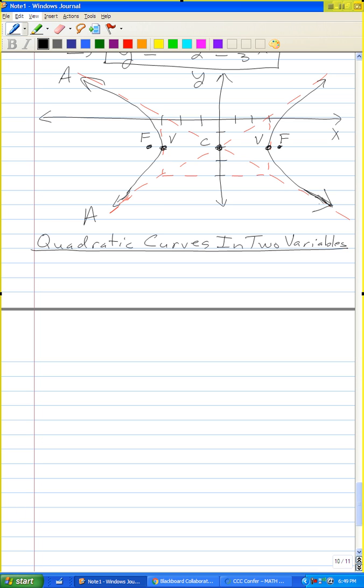And so if I look at a quadratic equation in two variables, x squared plus b xy plus c y squared plus dx plus ey plus f equals 0. Okay?